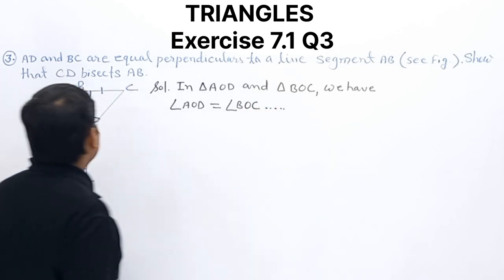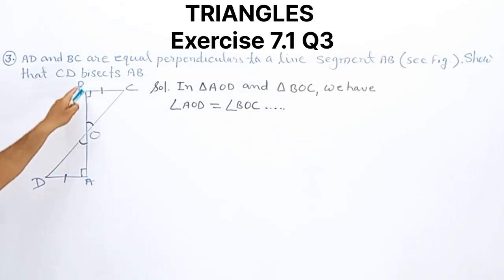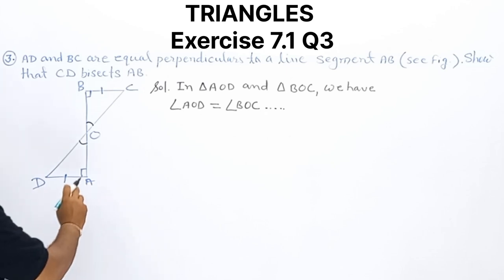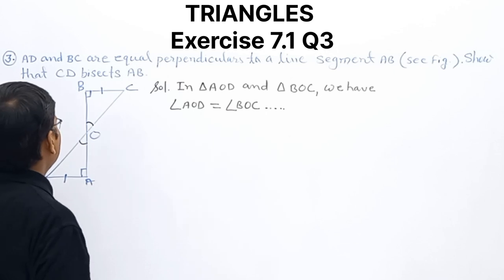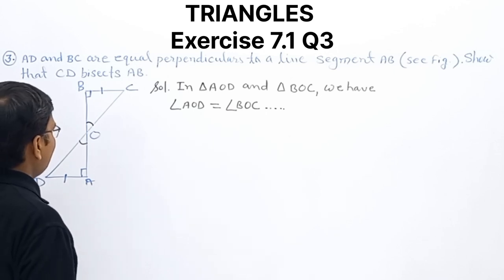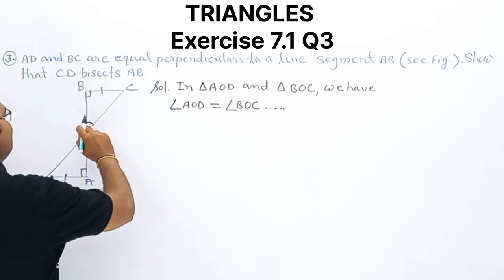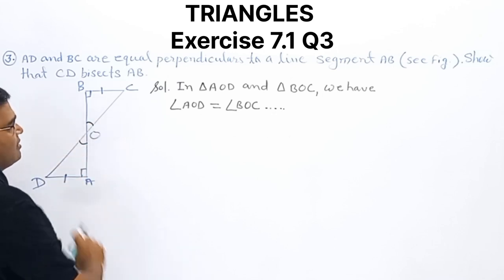Why are these two angles equal? AB and CD are two intersecting lines, and when two lines intersect, vertically opposite angles will be equal.